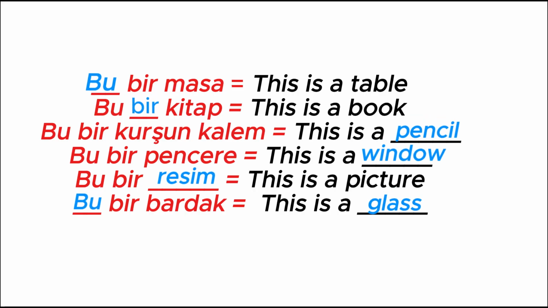Here are the answers. How was it? Bu bir masa. Bu bir kitap. This is a pencil. This is a window. Bu bir resim. Bu bir bardak. This is a glass. So they were the answers.